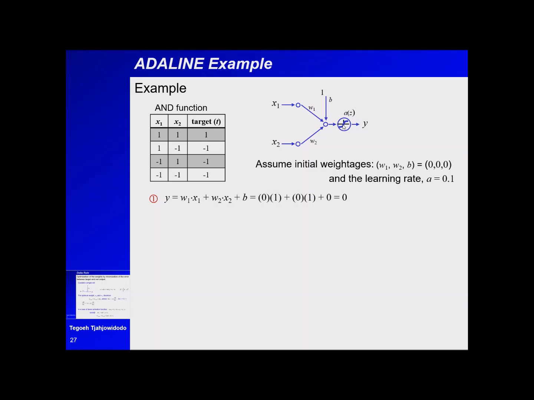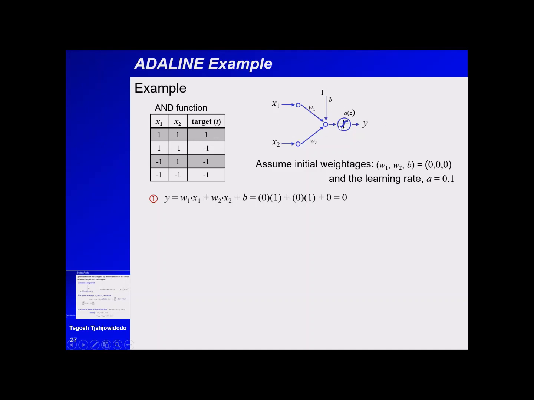So there must be a nonlinear activation function in our network. But we are going to update the weightage using the Adaline rule, in which the Adaline rule will not consider the nonlinear activation function in updating the weightages. So let's try to update and optimize the weightages.